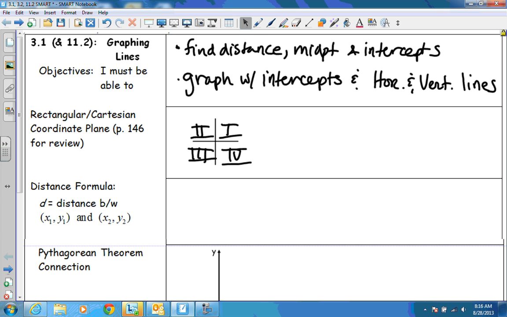Okay, who remembers the distance formula? All of this should be lots of review today. Really refreshing our minds. Distance equals... what did you say it was? So you have a square root going on.